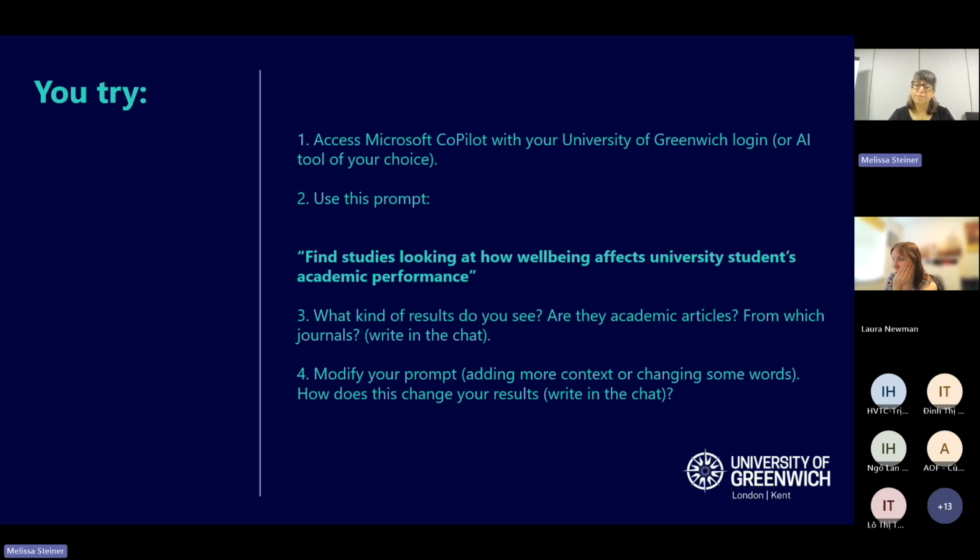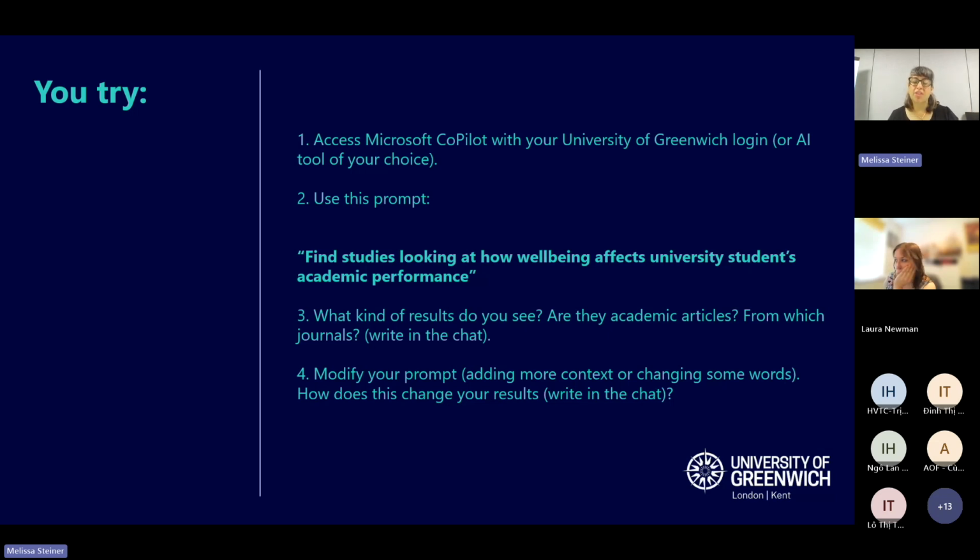Anybody else? I mean, hopefully you can see that you can get some good, high quality academic articles using generative AI. It's not just picking up blog posts and rubbish. It is actually looking for academic studies, and particularly if your prompt says look for academic studies, it will do that.